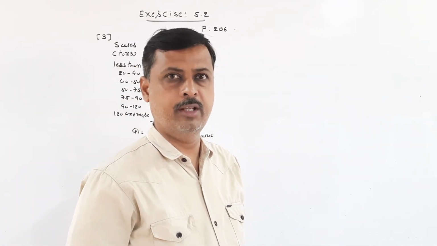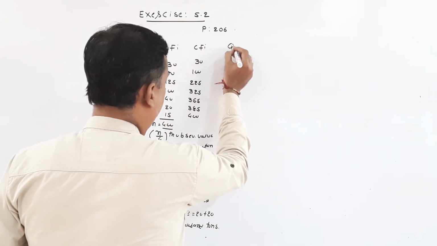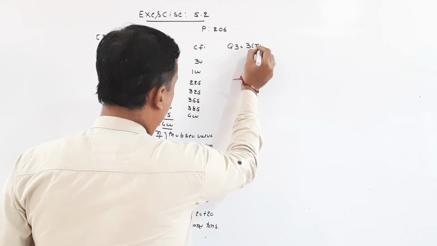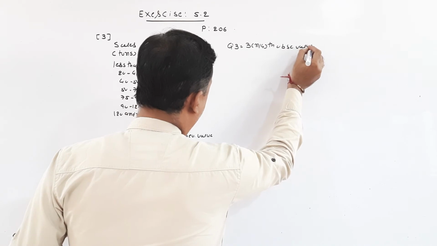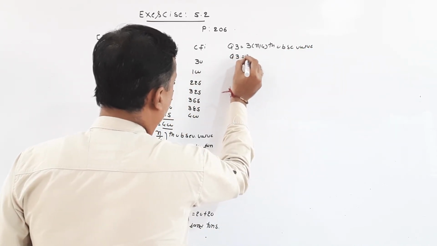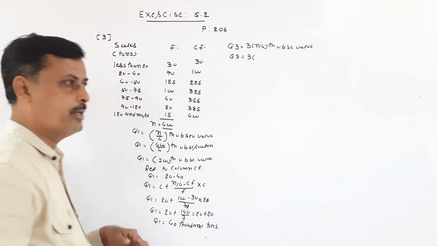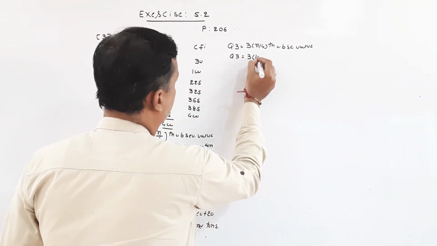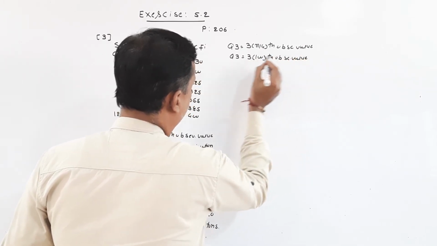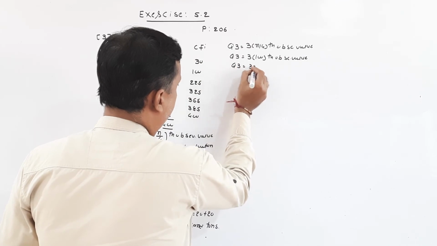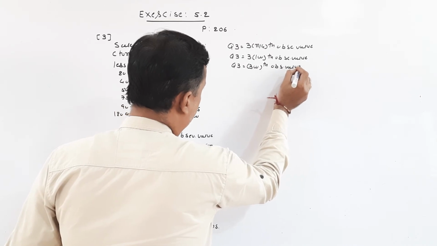Now we find Q3, third quartile, 3n by 4th observation value. 3n by 4 है आपके पास 100, so 300 observation value.